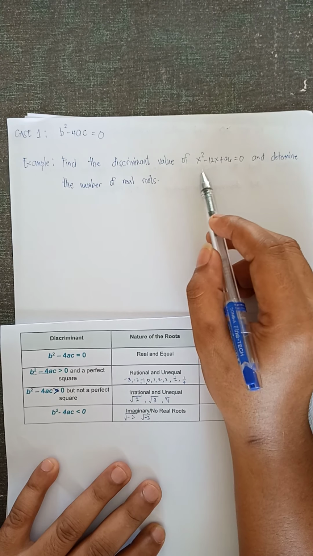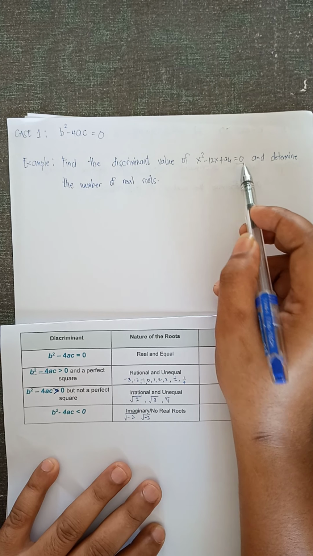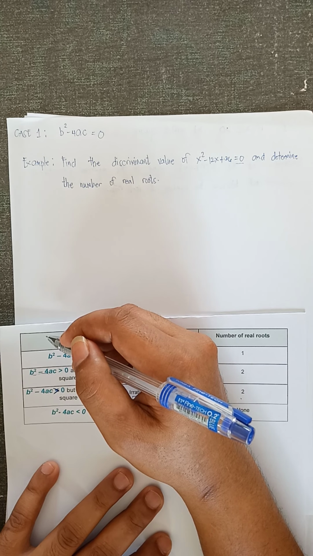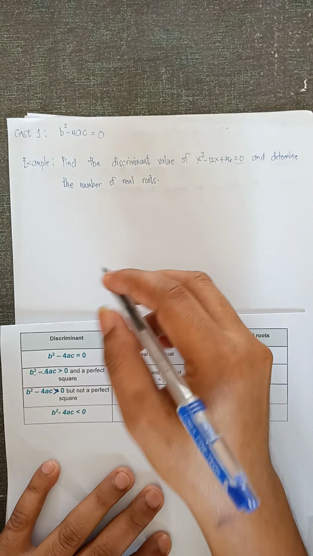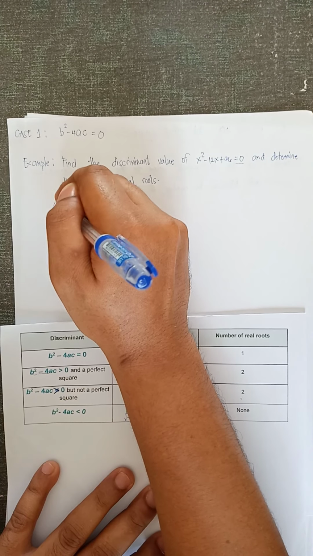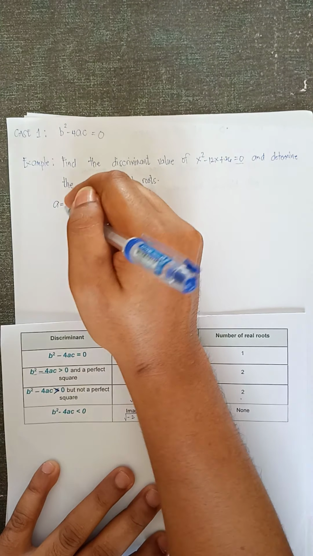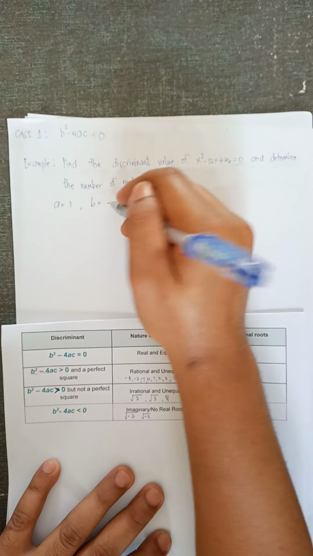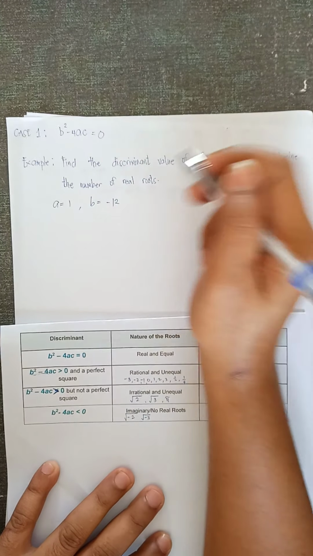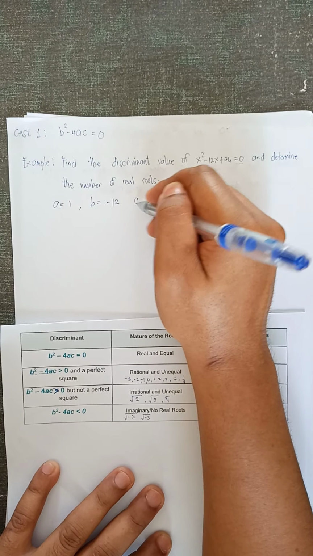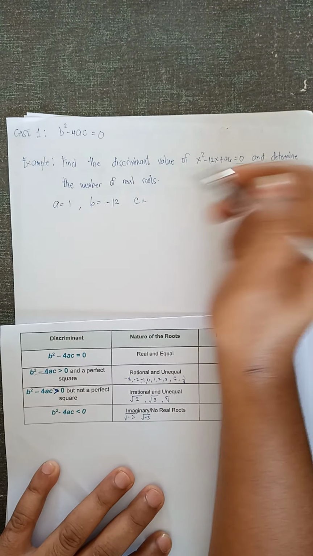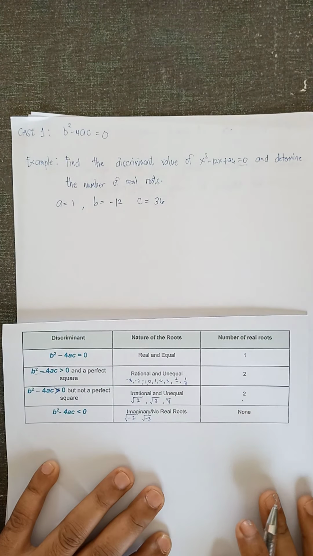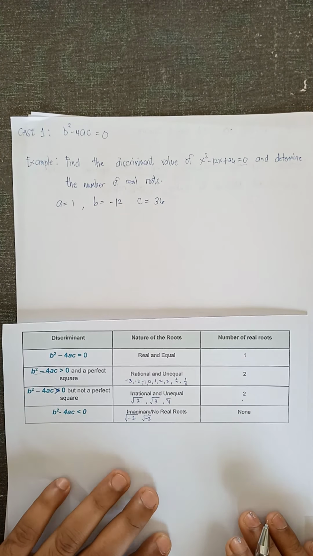Since this quadratic equation is already in standard form, we can now identify the values of a, b, and c. So our a is equal to 1, b is equal to negative 12, and the value of c is equal to 36. So nakuha na nato ang values of a, b, and c.